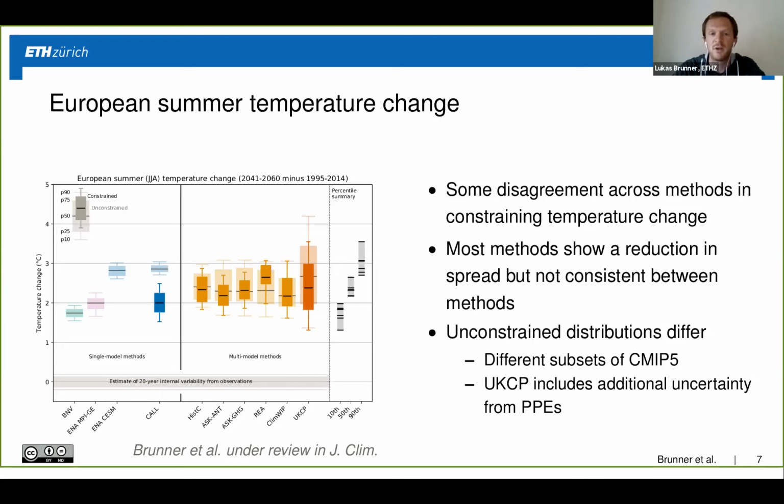We did this here because we wanted to use all of the available information for each of the methods without restricting them too much. The other reason is that the UKCP method, the one in red with the largest spread by far, also includes additional uncertainty from perturbed physics ensembles. So this is why the unconstrained distributions differ as well.